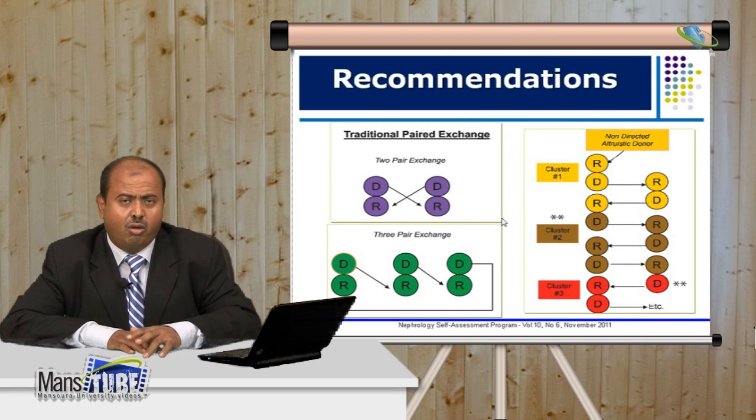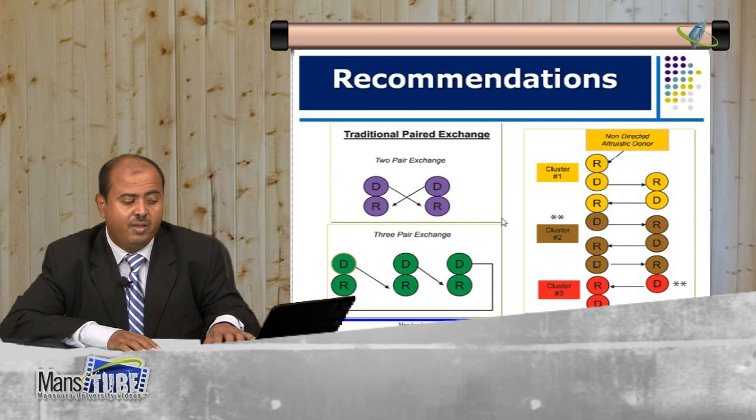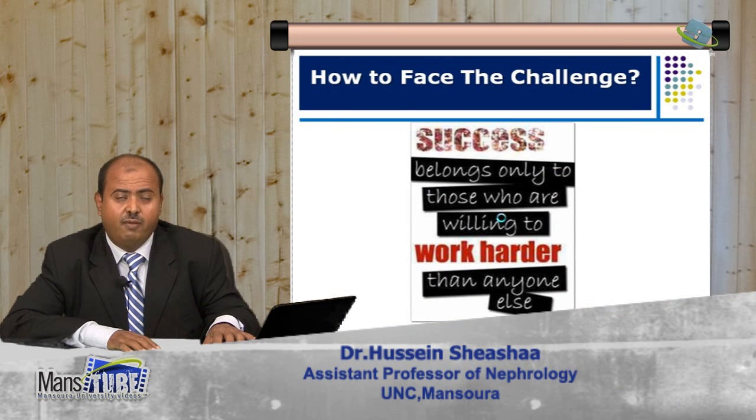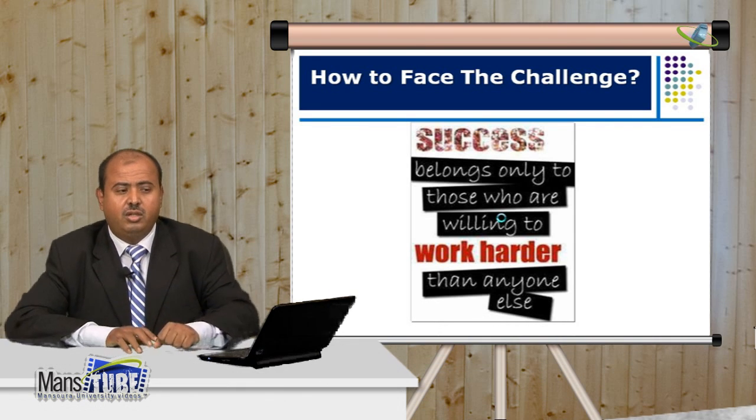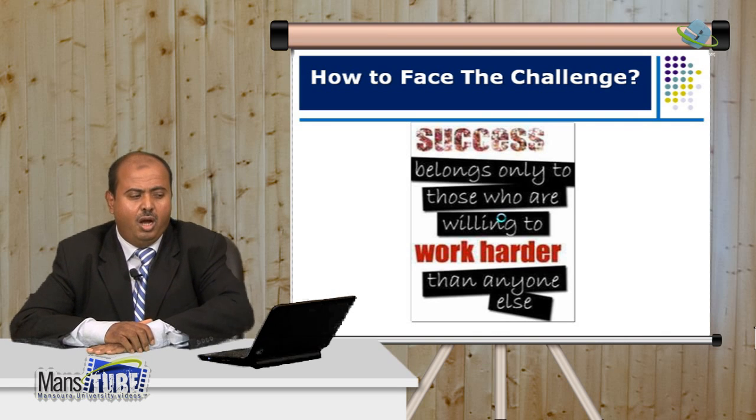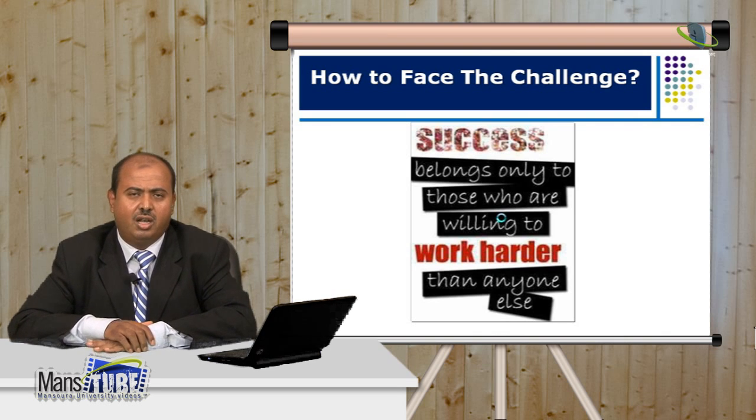In this way, you solve the problem of sensitization and you offer the best situation for both couples, or the three-pair, or even if you have an altruistic donor for the center, it can open a chain of the high-risk couples.